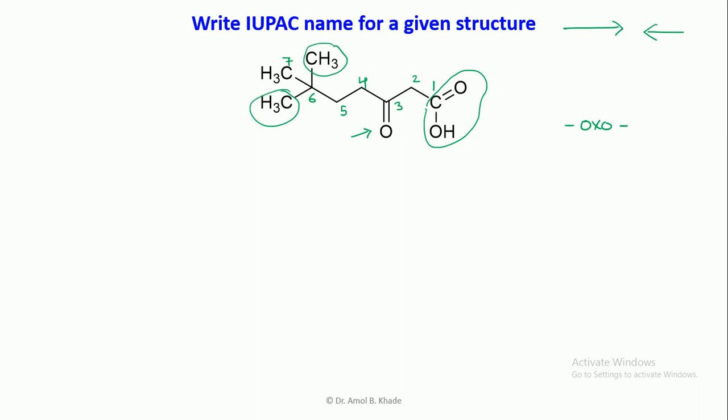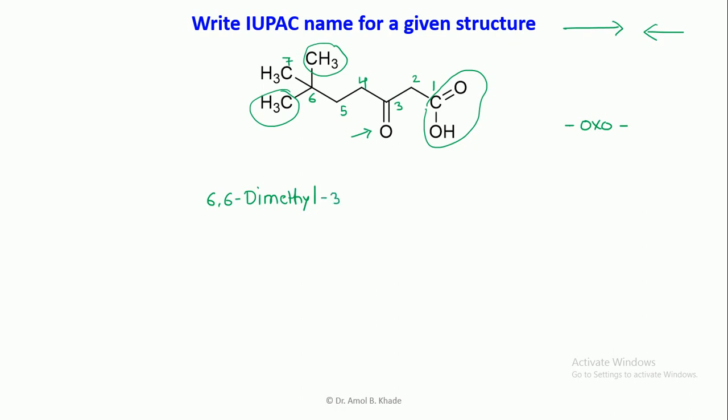So we have to write the substituent first. So at carbon 6 we find 2 substituents. So it will be 6,6. Then the prefix di will be used for indicating 2 methyl groups. So it will be dimethyl, D should be capital, dimethyl.